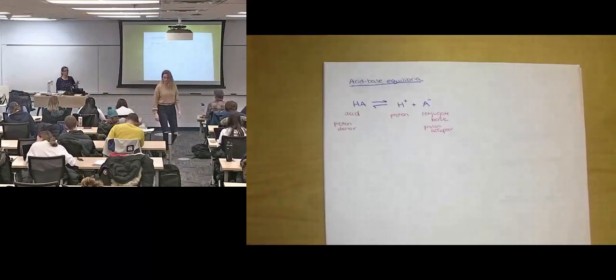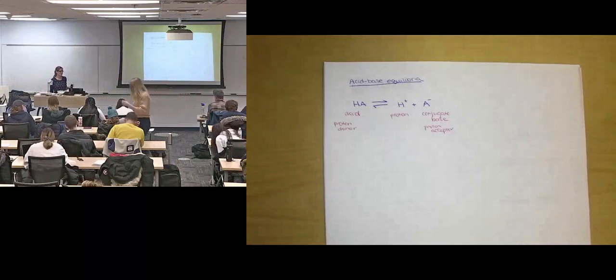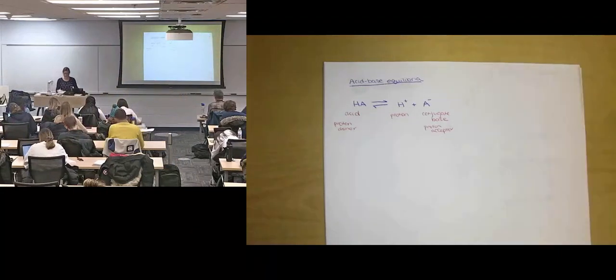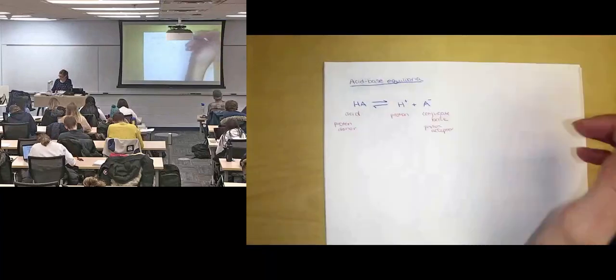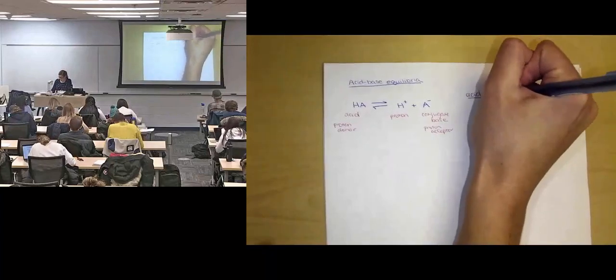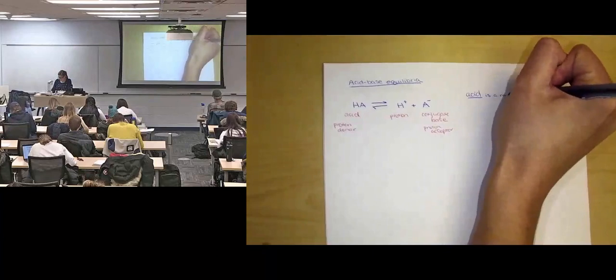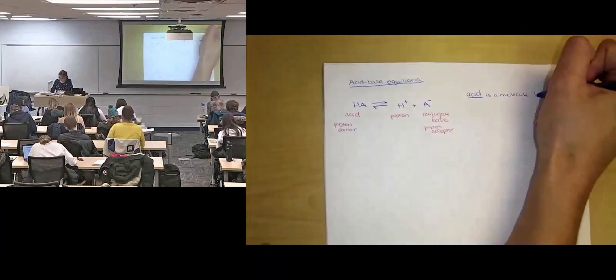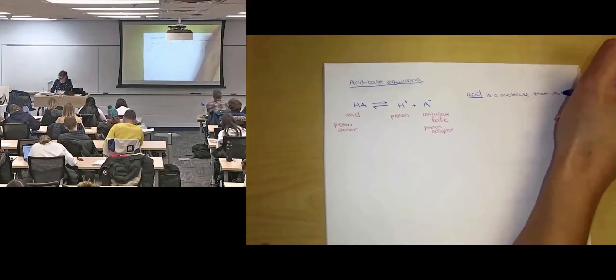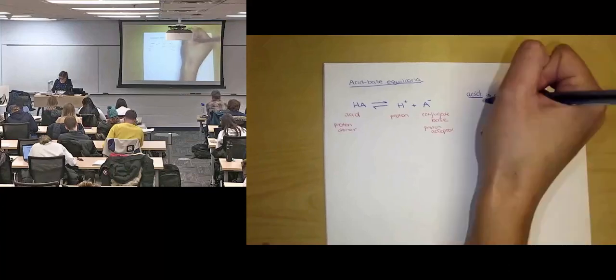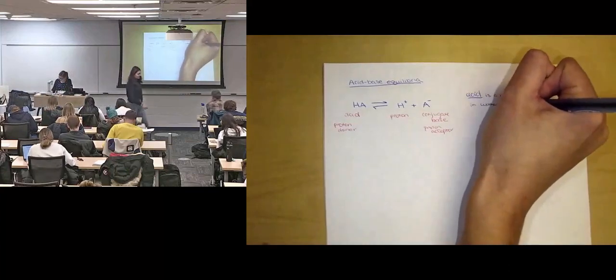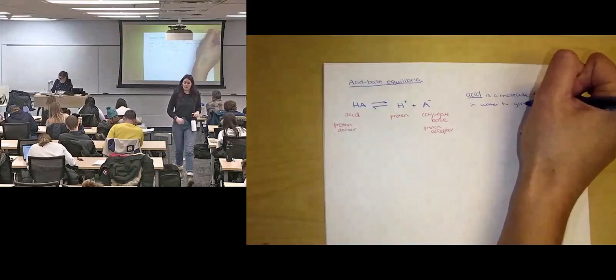You may be familiar with Lewis bases and electron pairs. We're not talking about any of that. This is the only version we're looking at. Okay? So the definition of an acid is a molecule that dissociates in water to give up a proton.